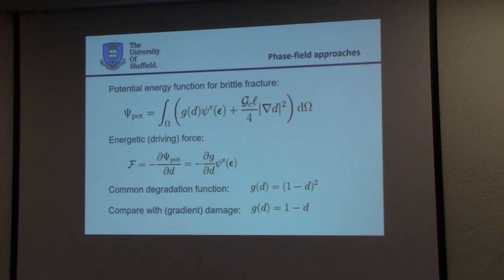I mean, in the beginning, it should be 1 if everything is intact. When everything is degraded, it's 0. And you also have to have some requirements for the derivative of it.